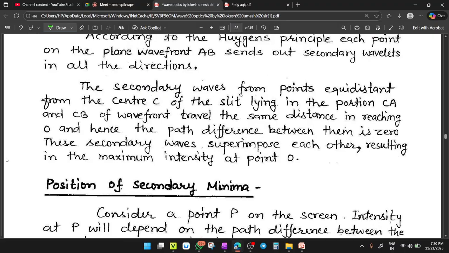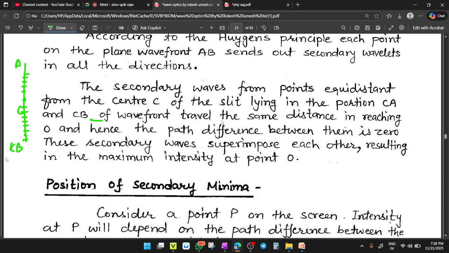Clear? So the secondary waves from the points equidistant from the center C. C is at the center, and some points are above C and some points are below C. Now center C, slit lying on the portion CA, so some points on the portion CA and some points on the portion CB. Clear?